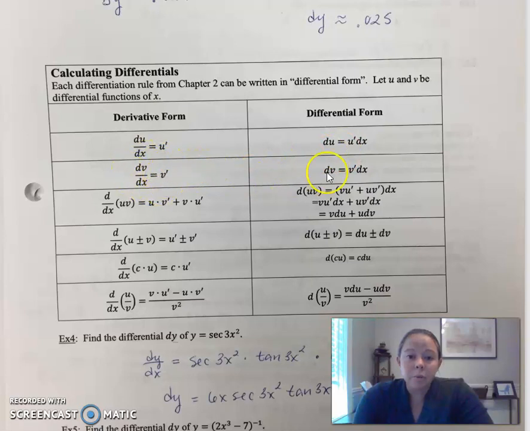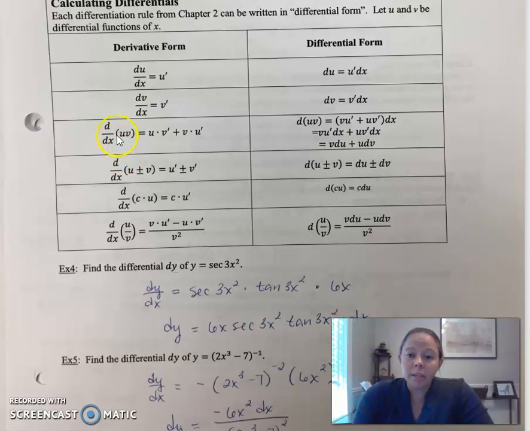Same thing over here with v. Now you might say this is the same, so why did we just change u and v? Well, we're going to use this in a second. When you do the product rule, you already know it's first times the derivative of the second plus second times the derivative of the first. Well, watch. They're going to multiply over dx. And if you distribute it, look what they do. u prime dx looks really familiar.